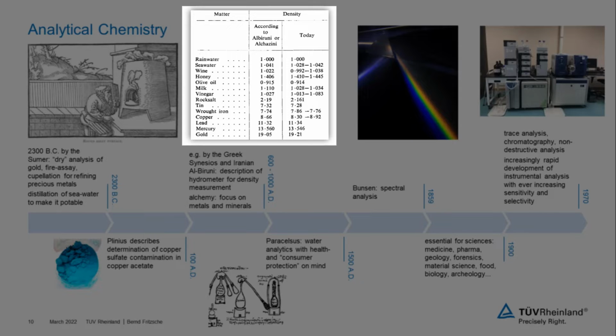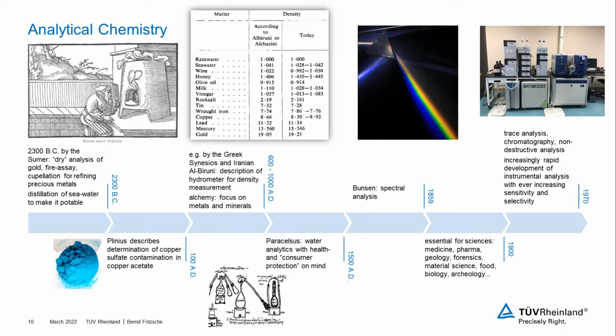Later on, Paracelsus, the early toxicologist, also analyzed water and had consumer protection in mind to determine if water is potable or not. After a while, we entered into the more modern chemical analysis, among others with Bunsen, who was the father of spectral analysis, which is still in use nowadays in many of our spectrometers.